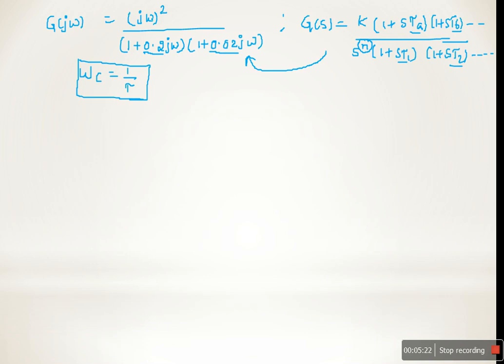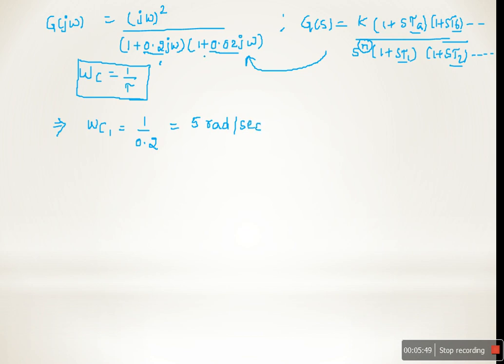The first corner frequency is denoted omega c1, equal to 1 by tau. In place of tau we have 0.2, so 1 by 0.2 is nothing but 5 radians per second.